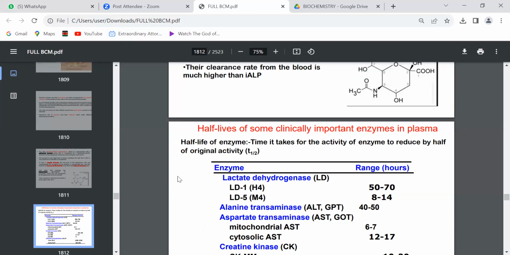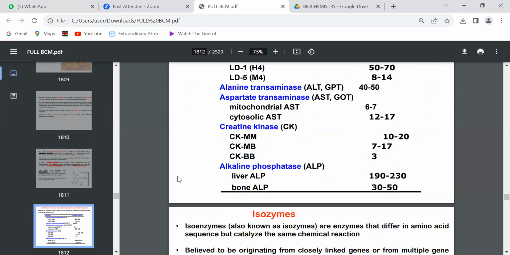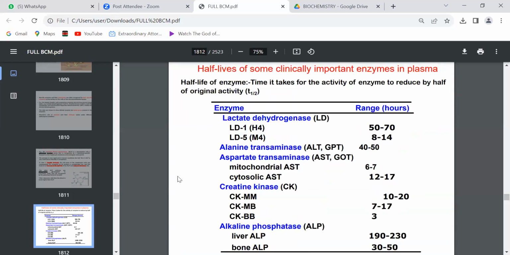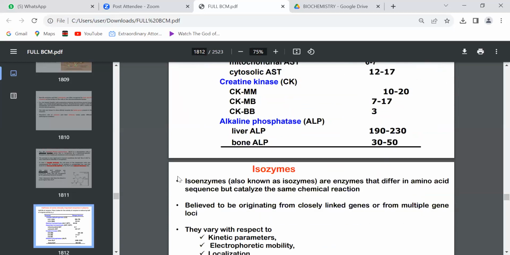So you won't be able to detect that increase. So they need to have a longer half-life, not seconds and minutes.